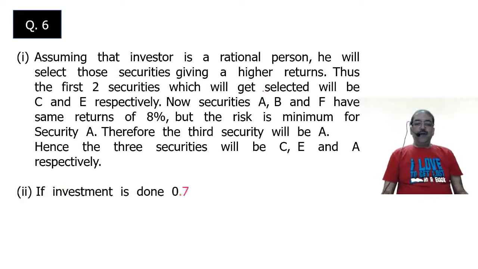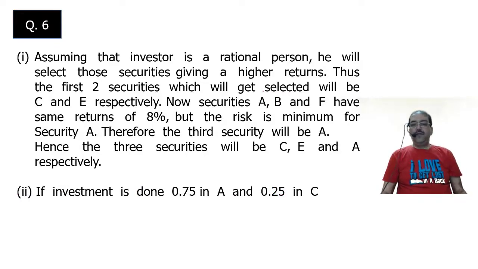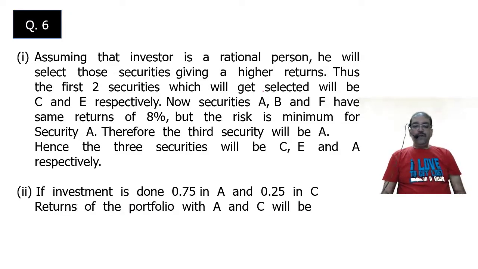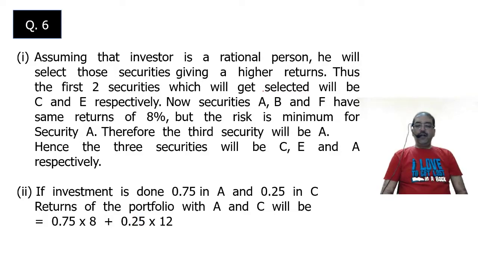Okay. So let us write down. If investment is done 0.75 in A and 0.25 in C, what will happen? Returns of that portfolio will be weight of A into returns of A plus weight of C into returns of C. That is 0.75 into 8 plus 0.25 into 12.